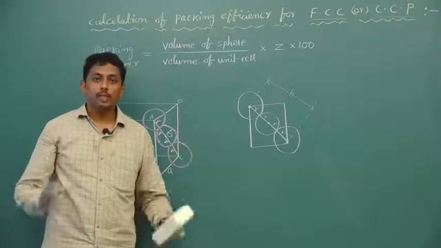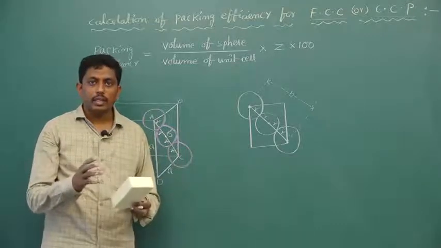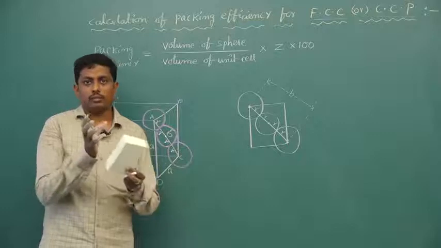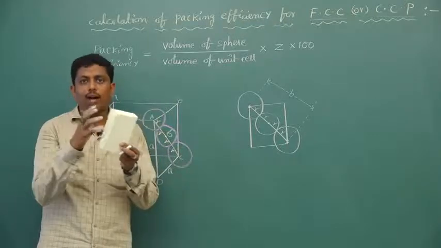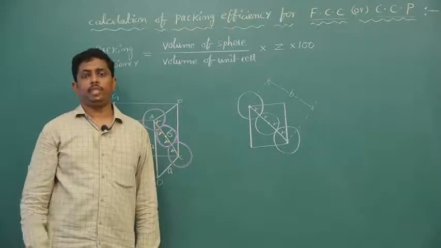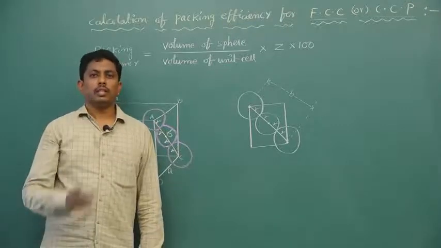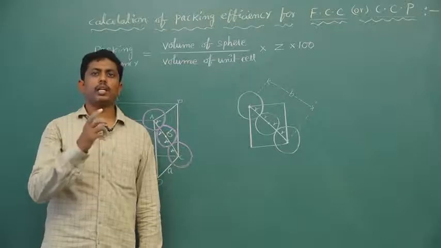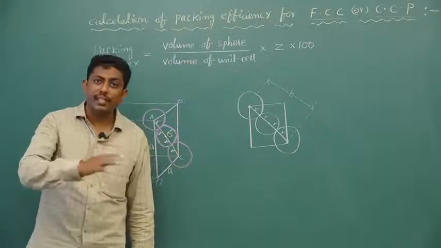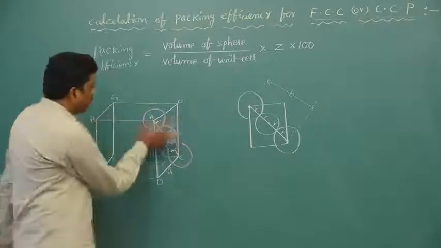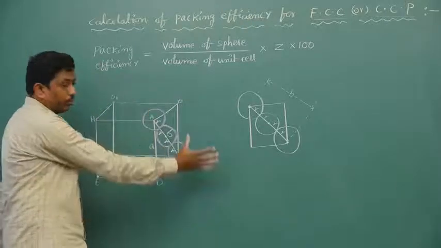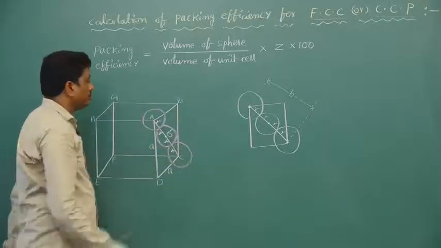Now, see, we observed the simple packing efficiency calculation. In that, spheres are in contact along the corners, means corner spheres are in contact in simple. Whereas in FCC, remember students, in FCC spheres are in contact along the face diagonal. Consider a simple cubic unit cell.